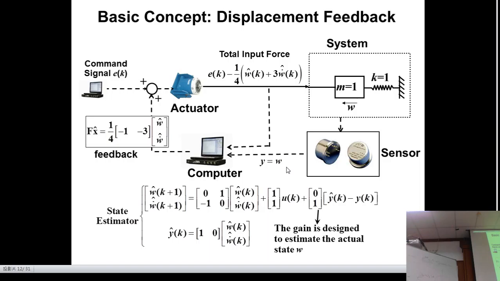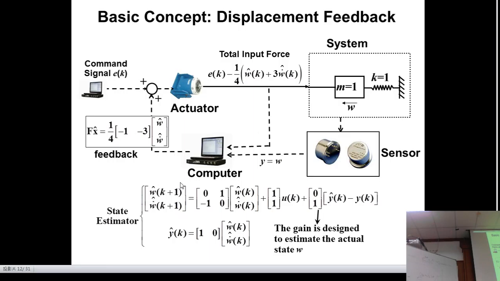You do have some uncertainties for your sensor. Even if you measure W, that W may not be the real W either, because your sensor has imperfections. Your sensor may not be able to give you a very good measurement. In that case, you would rather use W hat than W.